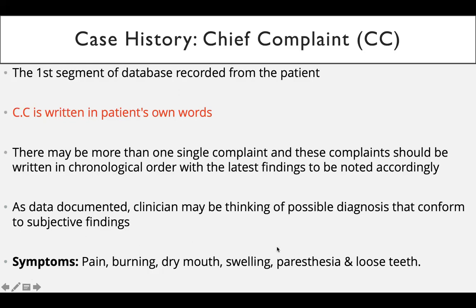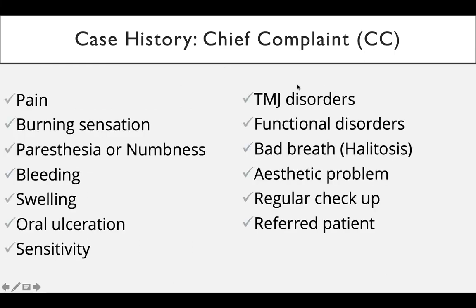And then we have some symptoms and signs. For example, symptoms of pain, burning, dry mouth, swelling, paresthesia, and loose teeth related to oral. So now we go to the chief complaints related to oral disease. There can be pain, burning sensation, paresthesia or numbness, bleeding from gums or teeth, swelling of gums, oral ulceration, aphthous ulcer, and sensitivity to cold and heat, thermal sensitivity, right?